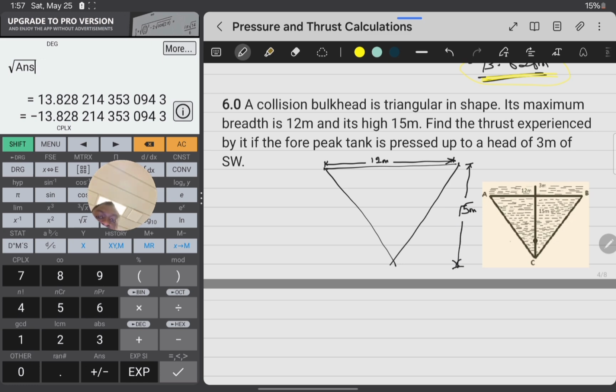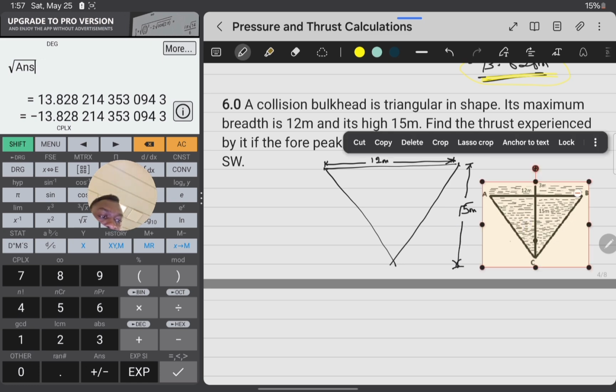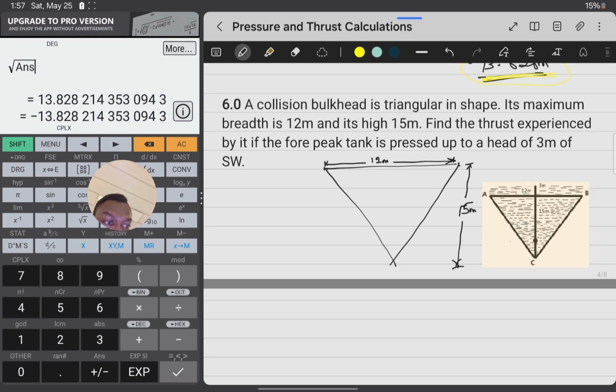Find the thrust experienced by it if the forepeak tank is pressed up, three meters above it.